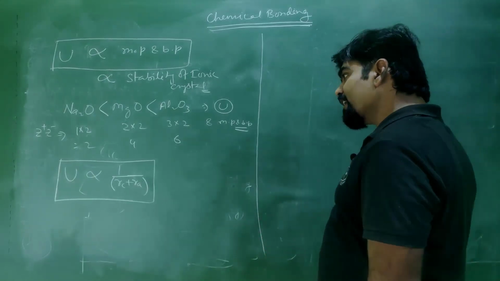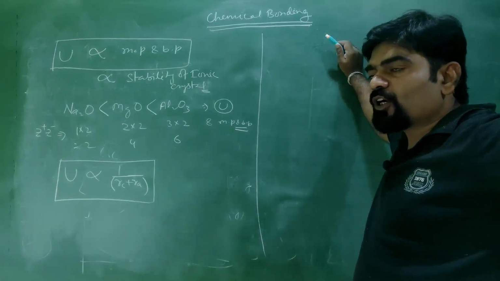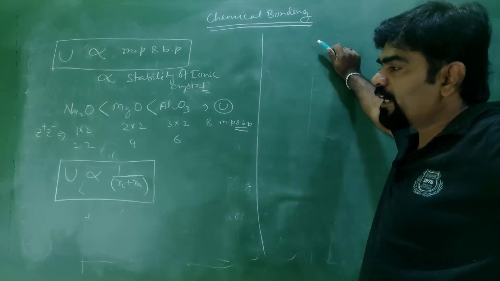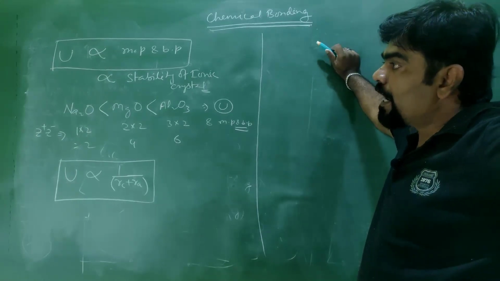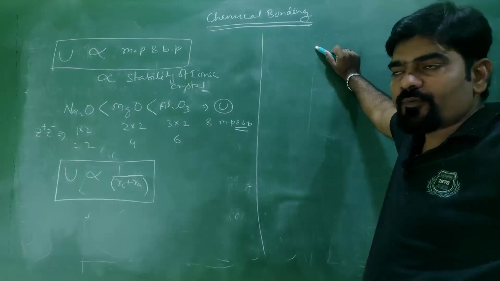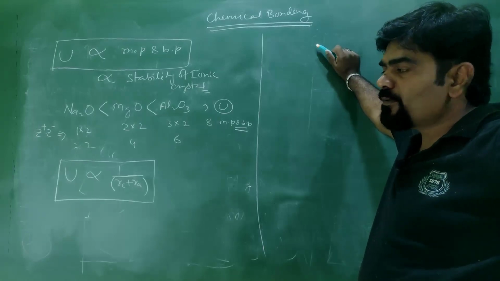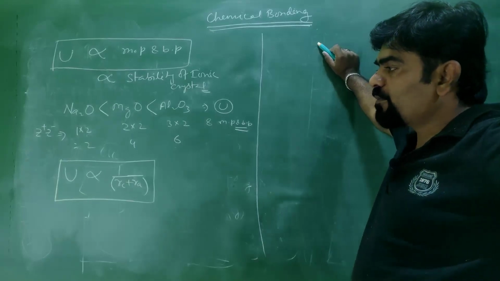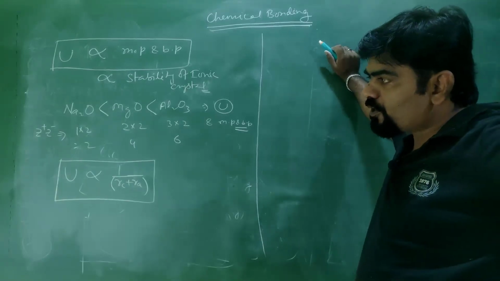Ionic bond is non-directional because it is the concept of loss or gain of electron, so it should not have any directions. Ionic compounds are soluble in water or in polar protic solvents, because like dissolves like. So a polar molecule is soluble in a polar solvent, and a non-polar molecule is soluble in a non-polar solvent.